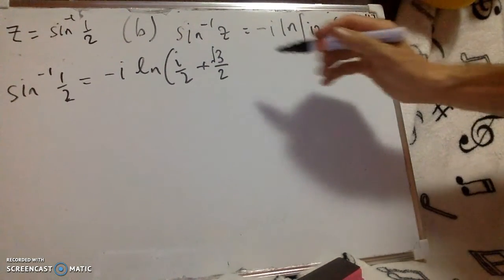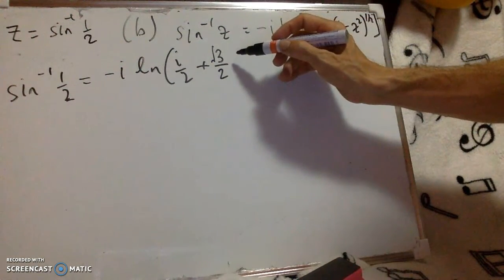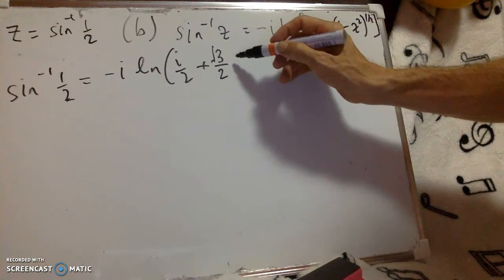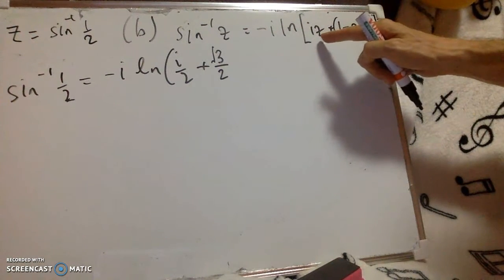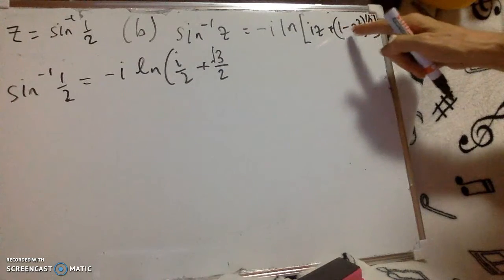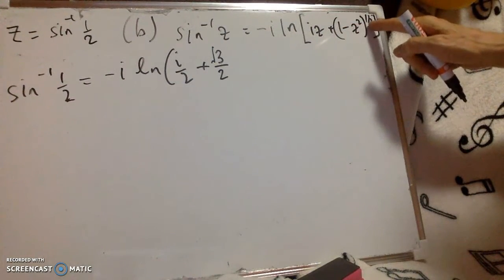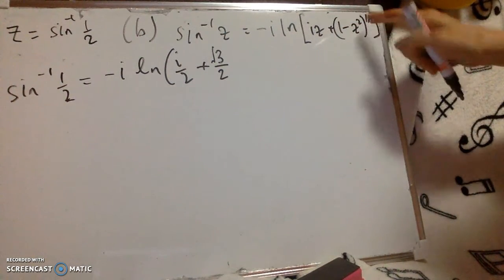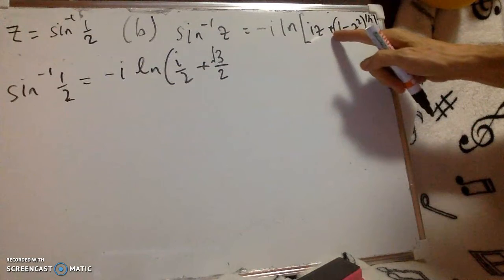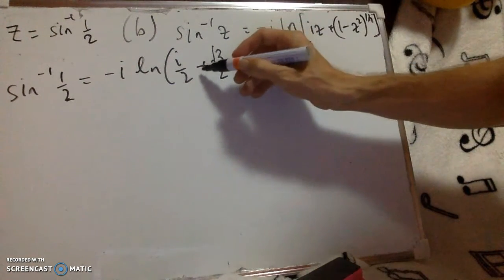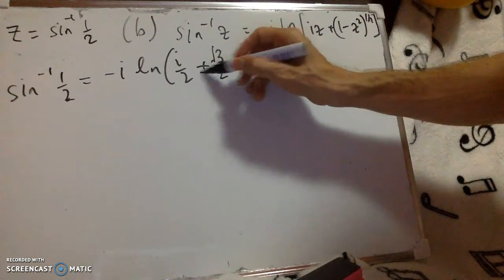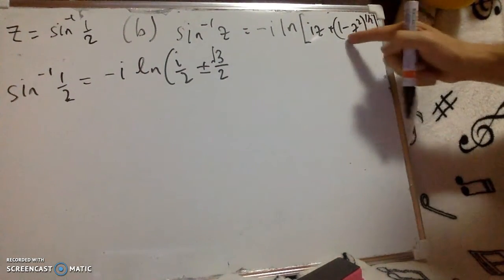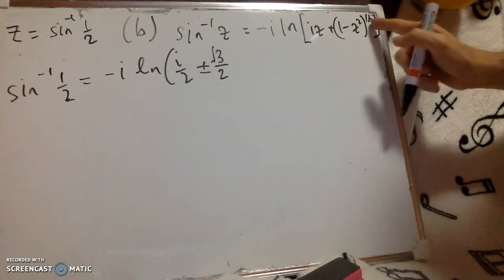Now, one thing to watch out for is when you see this raised to the power 1/2, just remember that implies a plus or minus sign. So we've got two solutions here really. I'll now put those two solutions in. So we've got i over 2 plus or minus root 3 over 2, because when you take the square root of this, there are going to be two solutions.